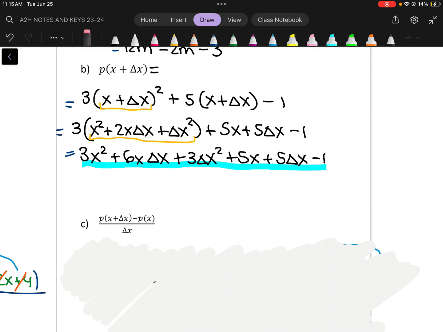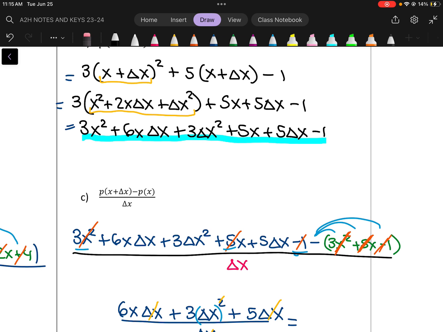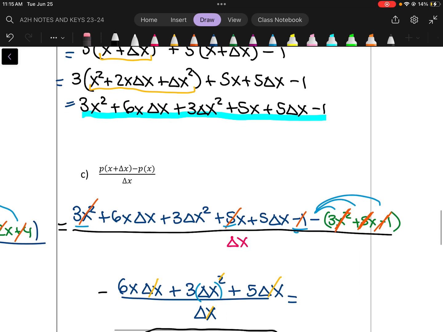All right, so let's see how you did. So I had my blue taken down from part B. And I realized again that when I subtract p of x, I get 3 things that cancel. So I kind of distilled it down to what was left. It was the 6x delta x plus 3 delta x squared plus 5 delta x.